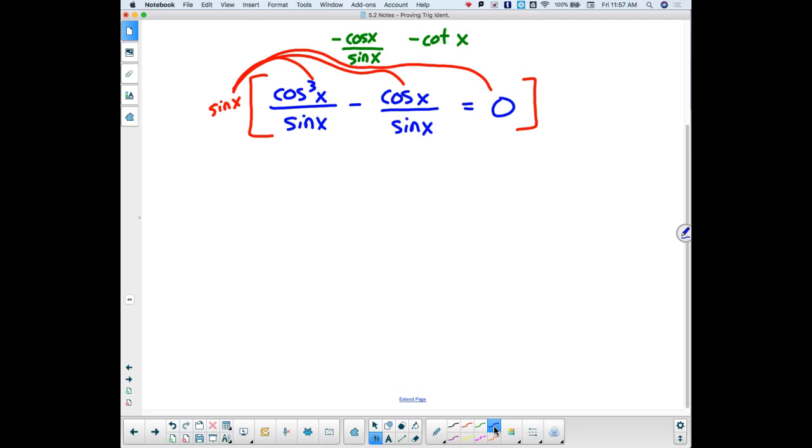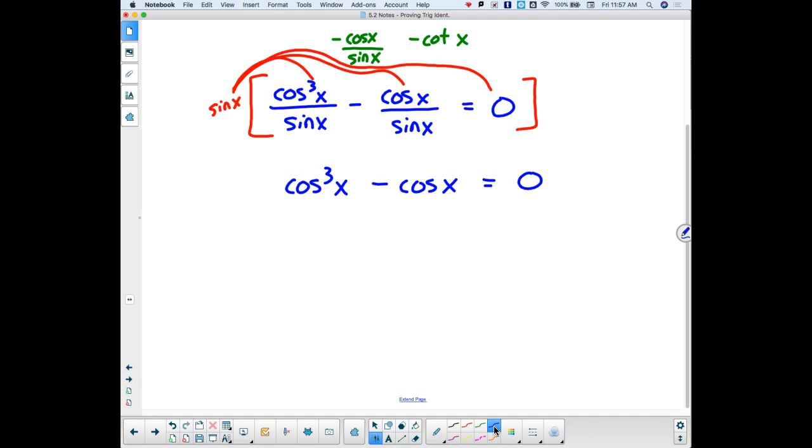What is cosine cubed times sine divided by sine? Just cosine cubed. Cosine times sine divided by sine, just cosine. 0 times sine, which is 0. Okay.